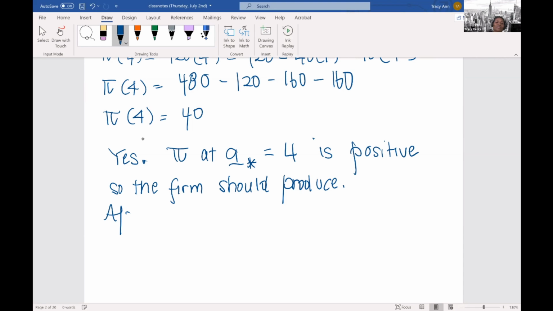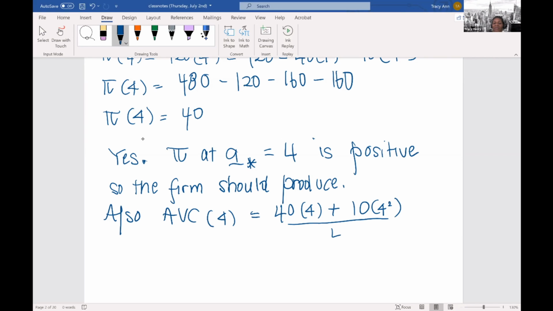Also, your average variable cost at Q star equals 4 is going to be equal to, if you think about the variable cost part of the function, which is 40Q plus 10Q squared, 40 times 4 plus 10 times 4 squared. But remember, it's average variable cost, so you have to divide that by 4, and you should get 80.